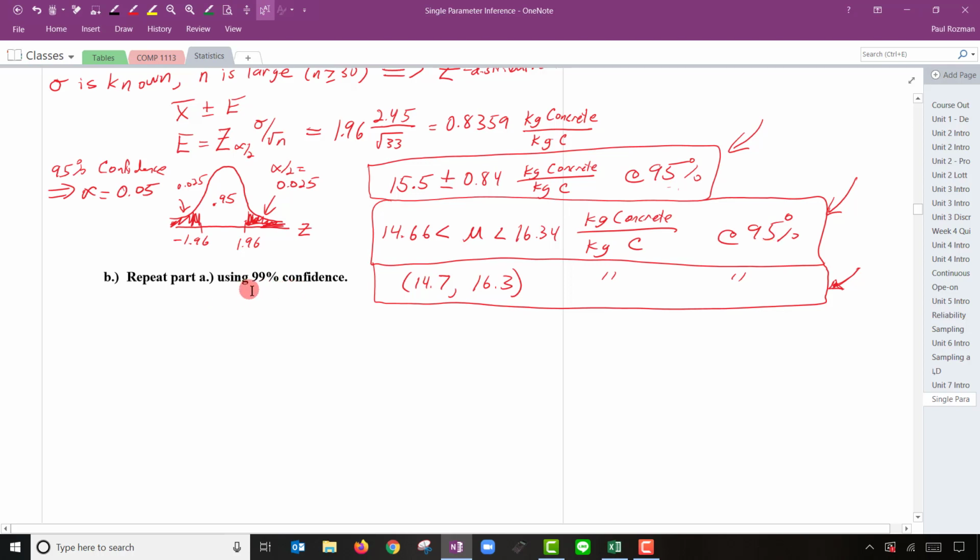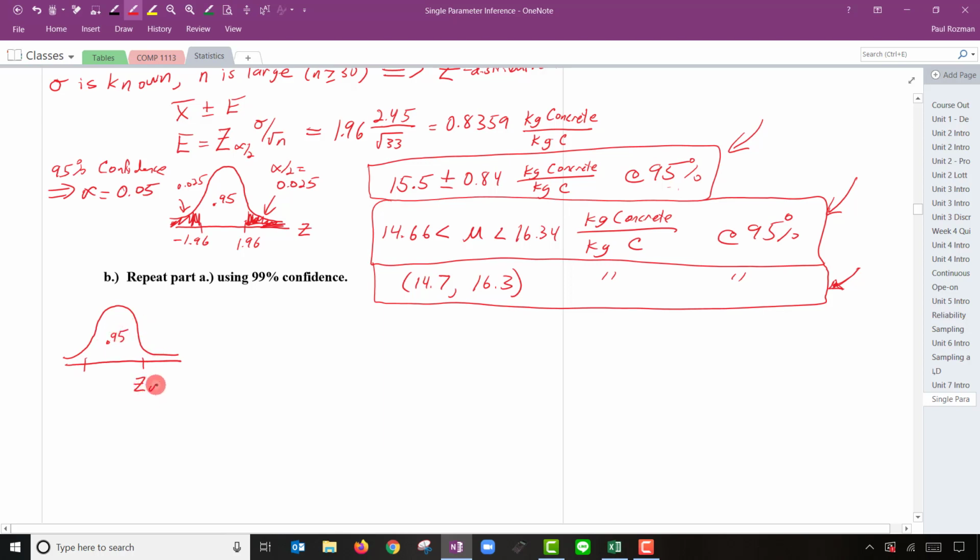If I increase my confidence, what has to happen to this stuff? Let's repeat this question and be more confident. If we do that, the only thing that's going to change will be the z-score. Sigma is still the same, n is still 33. Our cutoff values will be different.